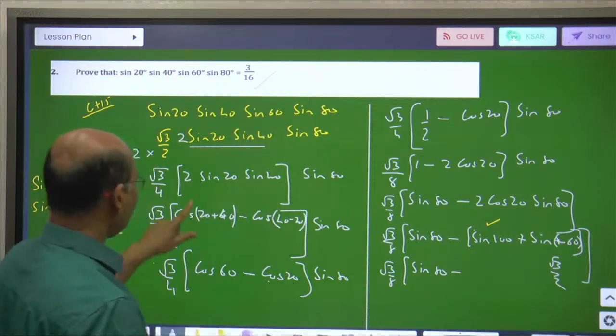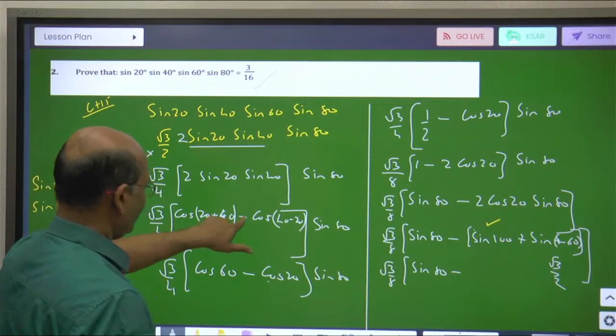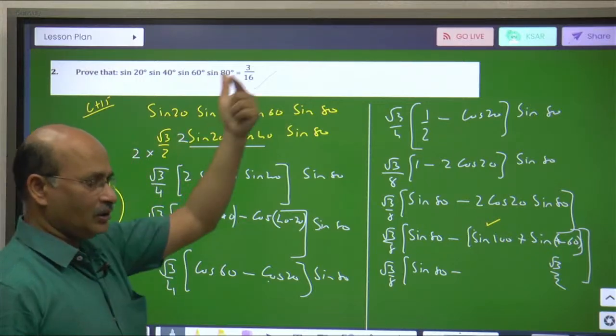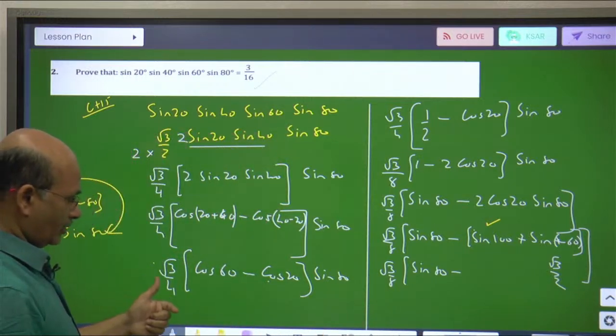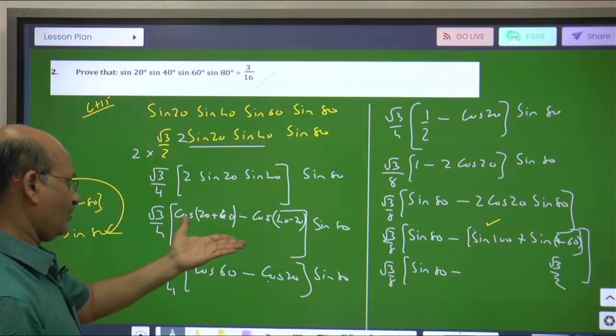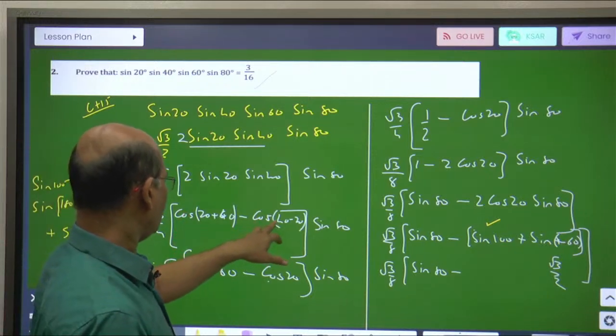There is some signature problem there, so sign issue. So just check the formula whether it should be minus or 2 sin a sin b, 2 sin a sin b is reverse, right?